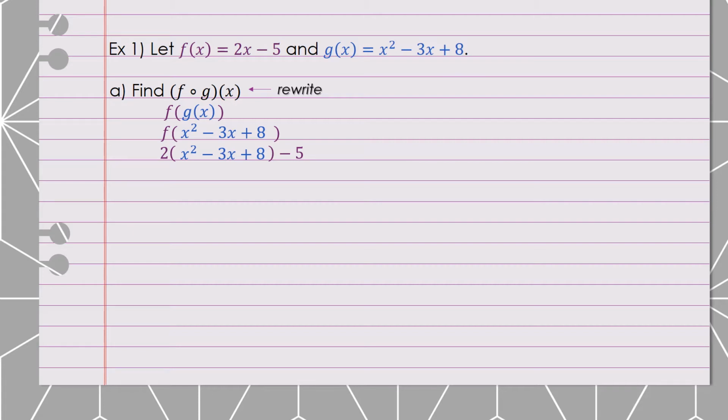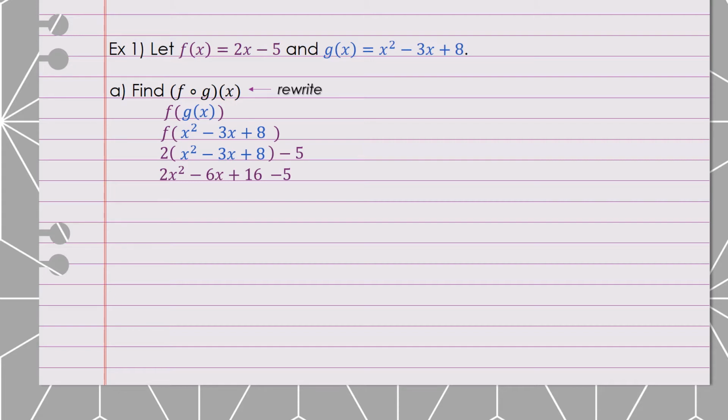From here, we do order of operations again. GEMS. Can you do anything inside the grouping? No. Exponents? No. Multiplication, division? Yes. We now need to distribute the 2. 2 times x squared, 2 times negative 3x, and 2 times 8 will give you 2x squared minus 6x plus 16, and then we still have that minus 5.